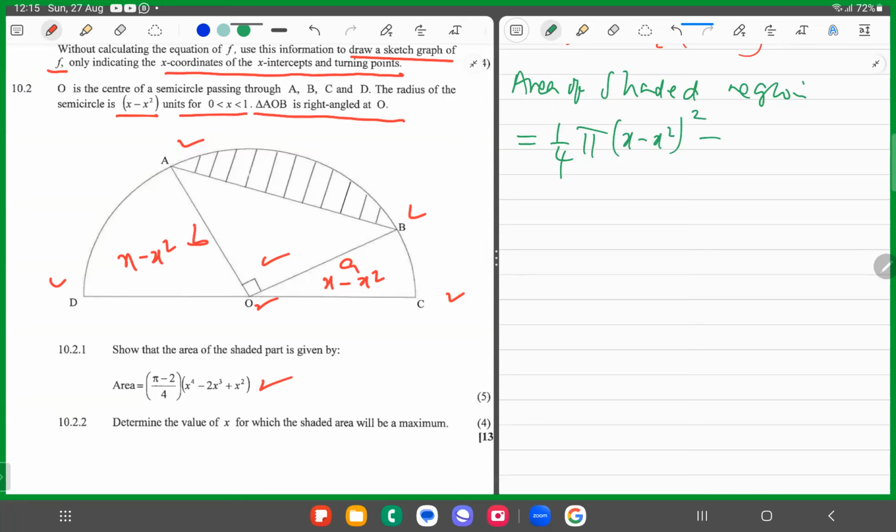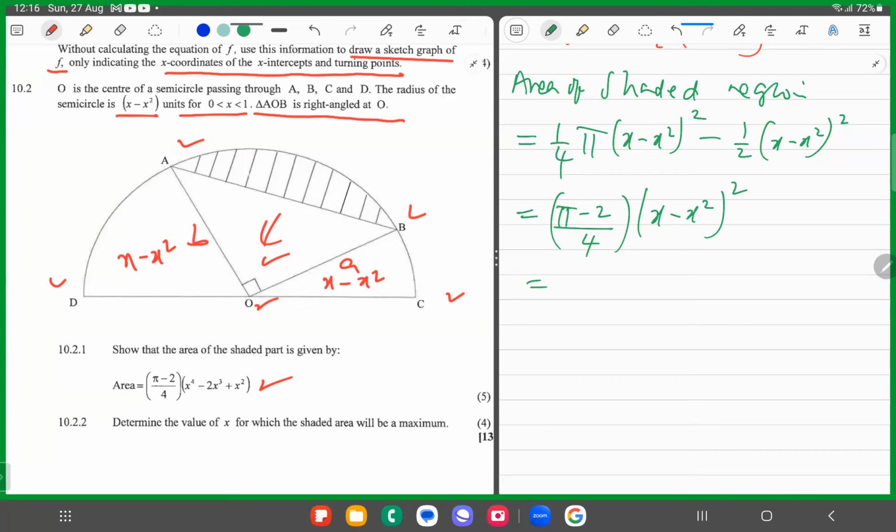Then you just subtract the area of the triangle, which is half x minus x squared squared. Common factor manipulation and simplification. If you simplify this, it simplifies to pi minus 2 over 4, putting out the common factor x minus x squared all squared.